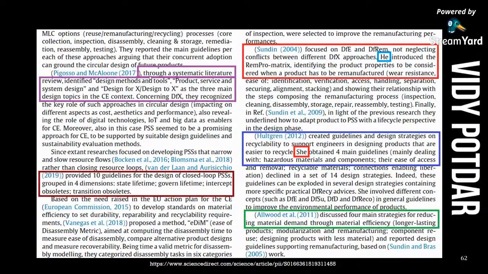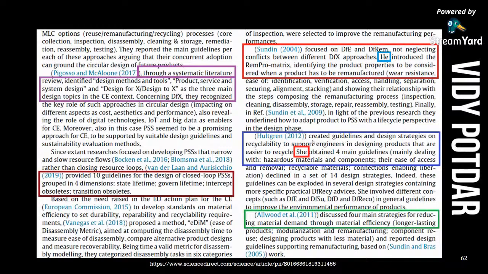One sentence that I like, or what you can incorporate in your writing, is here. Pigoso, through a systematic literature review, identified something, or these authors provided 10 guidelines for design, and so on. Allwood discussed four main strategies.